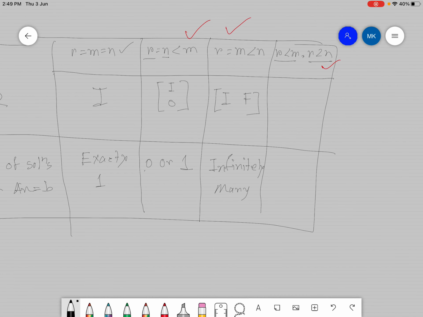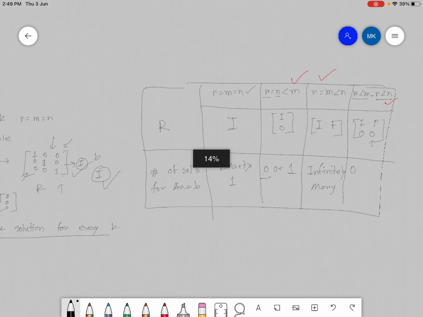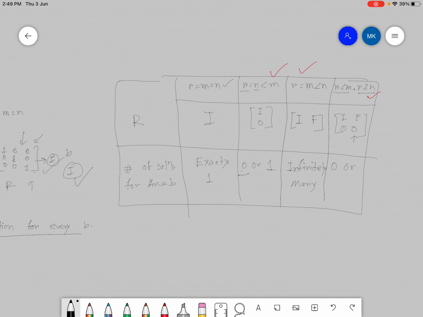So you might have this structure, and the number of solutions can be either 0 if there is no solution, or infinitely many solutions.